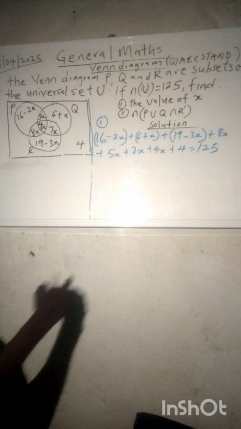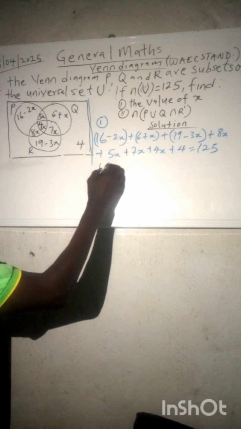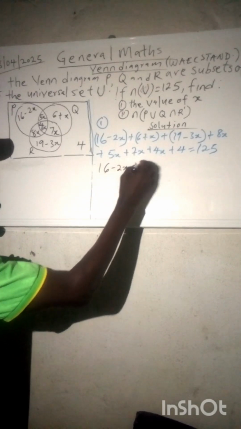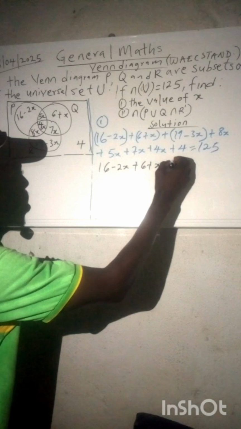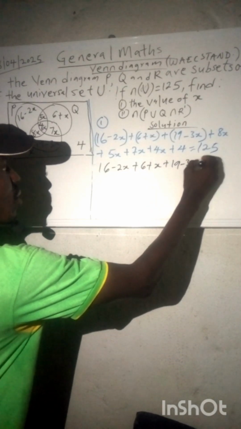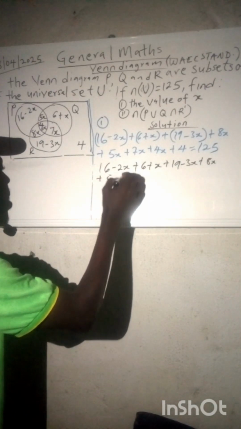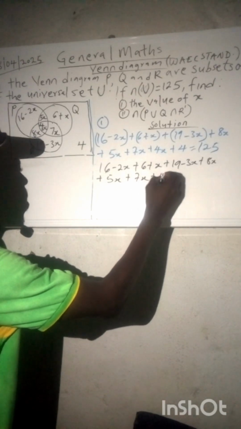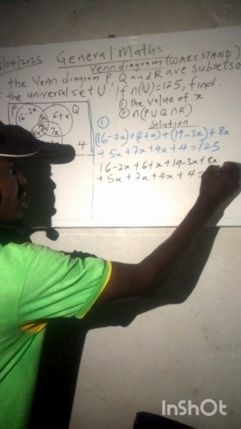So we have to clear up the bracket like we said. 16 minus 2x plus 6 plus x plus 19 minus 3x plus 8x plus 5x plus 7x plus 4x plus 4 is equal to 125.